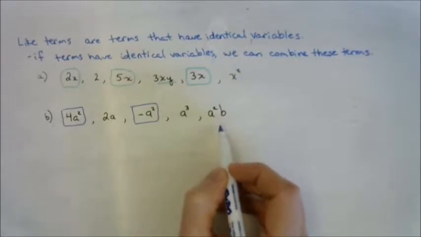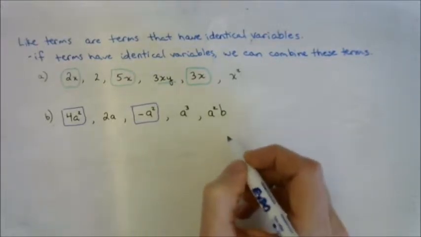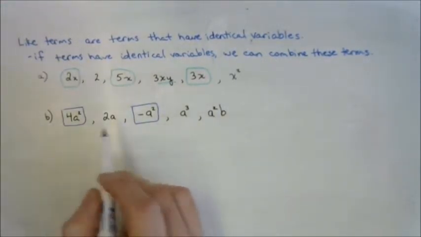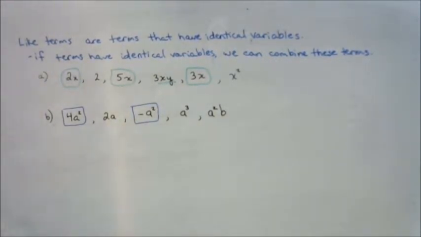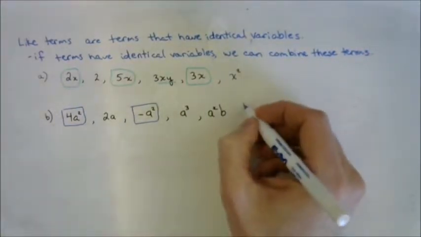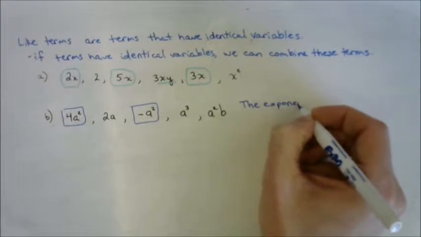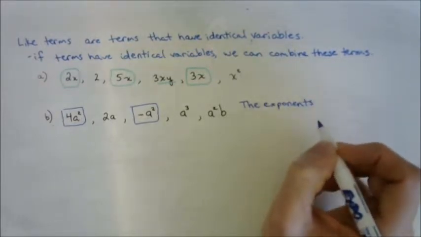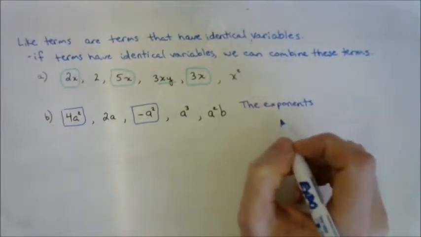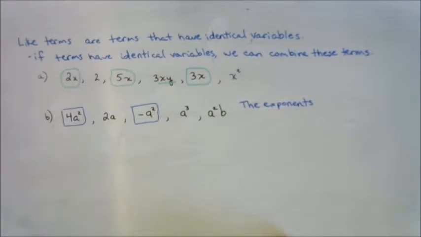Okay, in order for them to be like terms, the exponents on all variables must be identical as well. Okay? So wait, why is that a cubed not part of it? Because it's a cube. Well, what about the quotient law? Just like x to the power of 1 and x to the power of 2 are not the same variable, x to the power of 2 is not the same as x to the power of 3, is not the same as x to the power of 4.